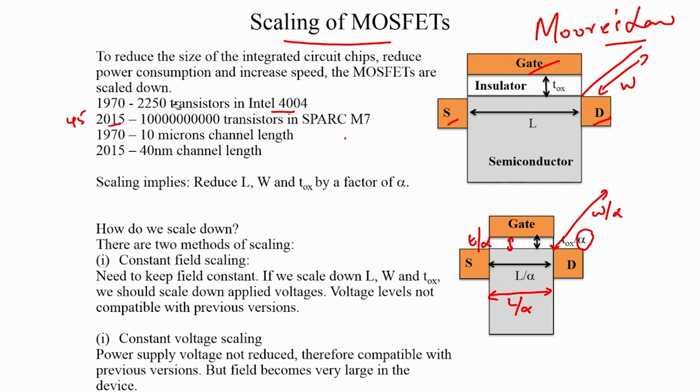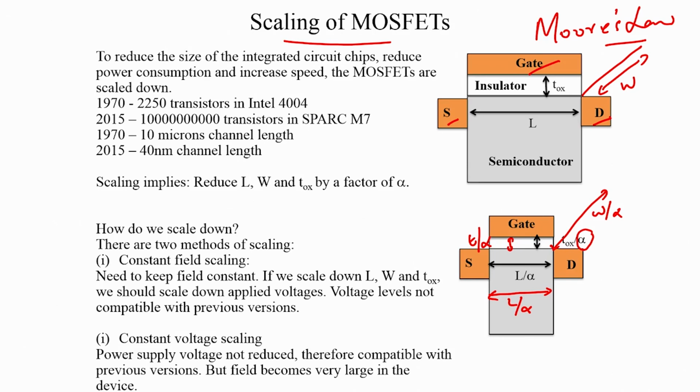These kinds of advancements are possible by scaling down MOSFETs in a reliable manner. So, what we are going to do here is look at what scaling is, introduce it, talk about 2 different kinds of scaling strategies and what their effect is, and some of the key features and the parasitics that come along with scaling, etc.